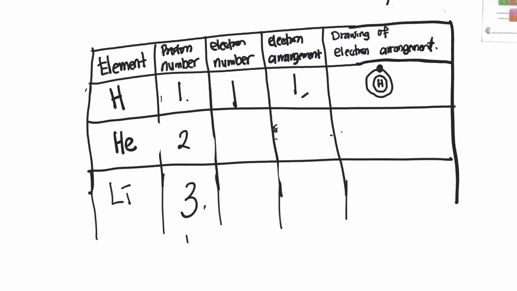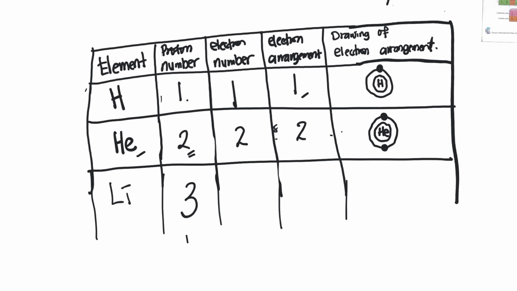The second element in the periodic table of elements is helium with proton number 2. So the electron number should also be 2. Electron arrangement also 2. So how to draw? Start with the symbol, nucleus, and it will only have 1 shell occupied with 2 electrons.